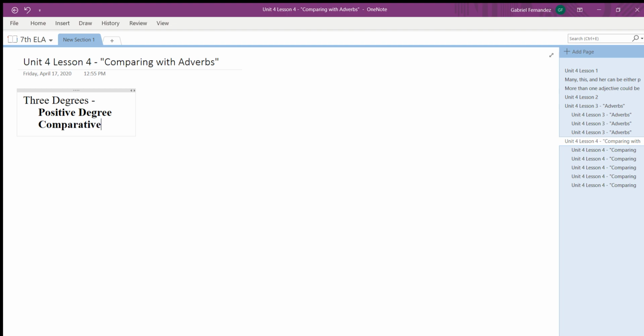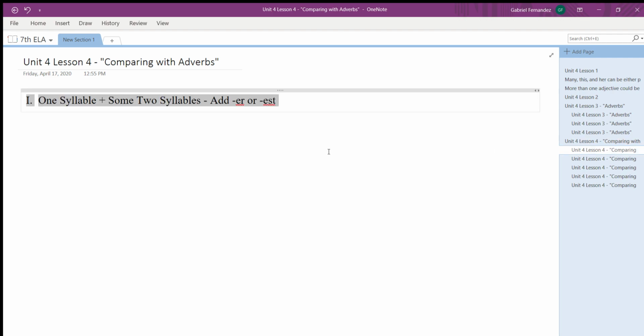The comparative degree, which is 2 things. And we have the superlative degree, which is 2 or more things. Okay? The same rules that we apply to adjectives, we want to apply to adverbs. So let's go ahead and remind ourselves of those rules. Okay?